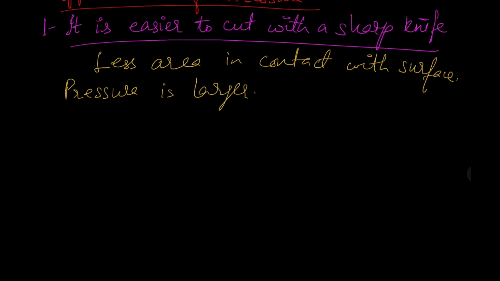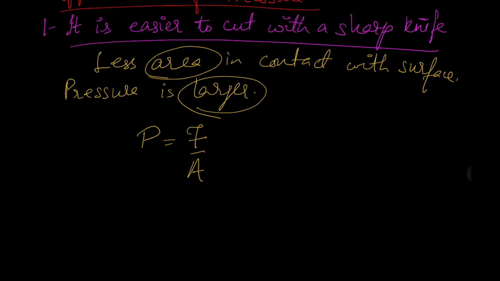So now how can we know this, that area is small, so pressure is large? We can know it from this equation, P equals F by A. It means that if force increases, pressure also increases. If area increases, pressure decreases, inversely proportional.